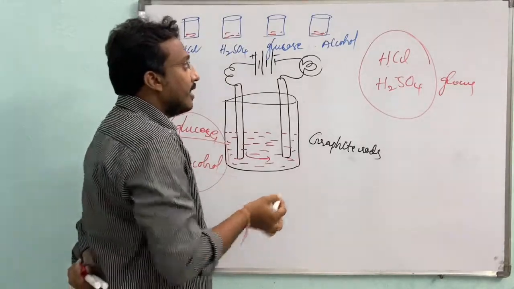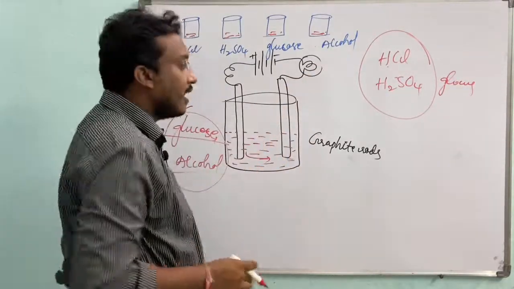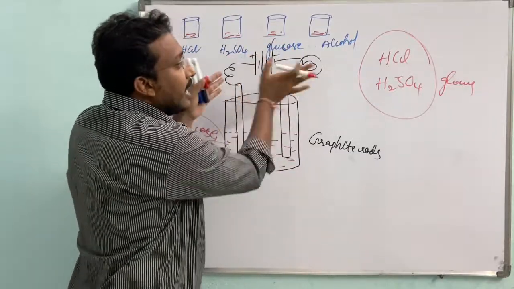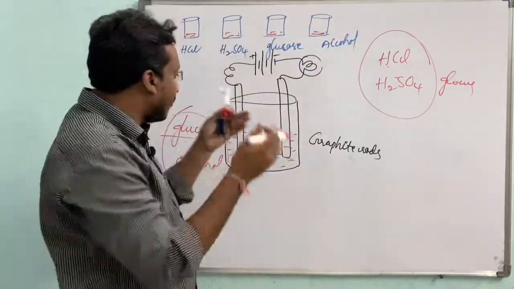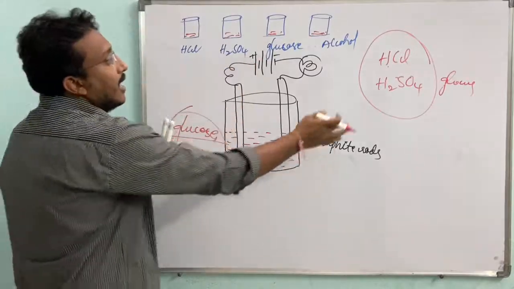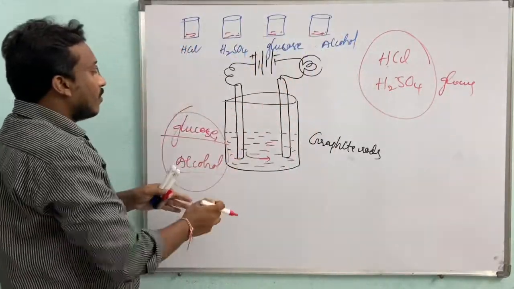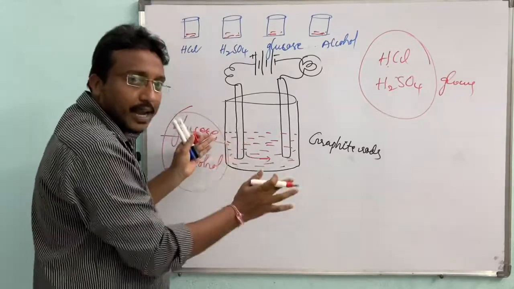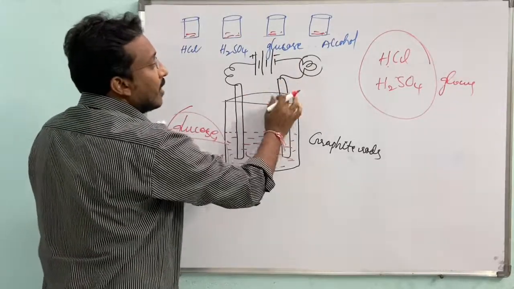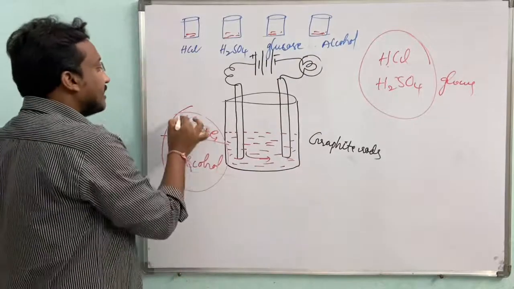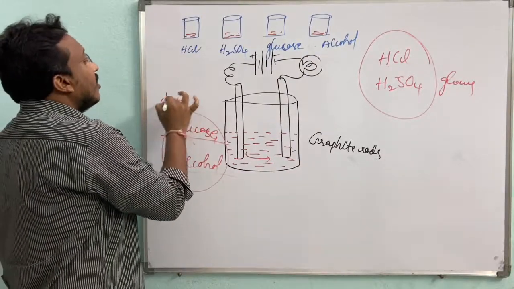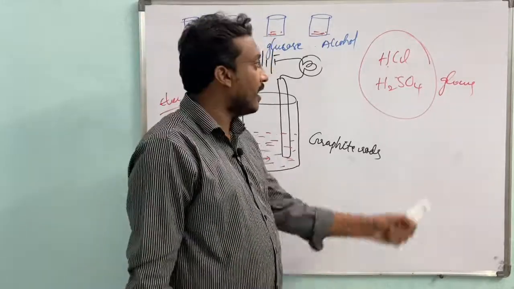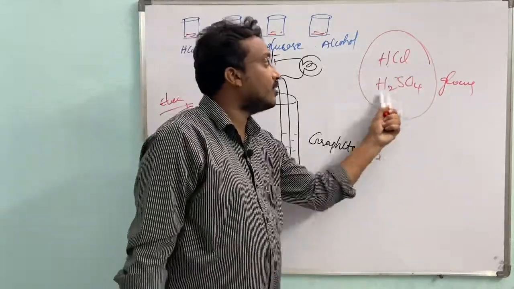Got it? Then only the bulb will glow. When we have taken H2SO4, the circuit is completed, so the bulb glows. When we have taken glucose and alcohol, the circuit breaks, so the bulb is not glowing. In such case, the electricity is not flowing in the glucose and alcohol.